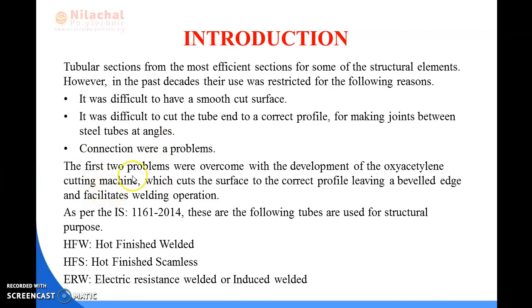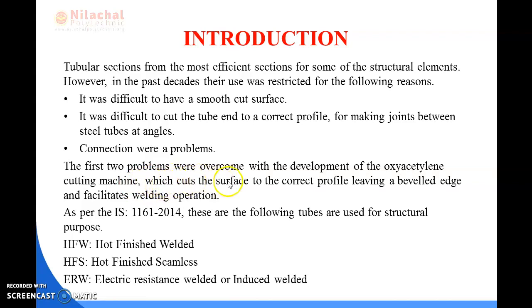The first two problems were overcome with the development of the oxyacetylene cutting machine. With the oxyacetylene cutting machine, we got a smooth surface of the steel tube structures, which is very helpful for the construction work.